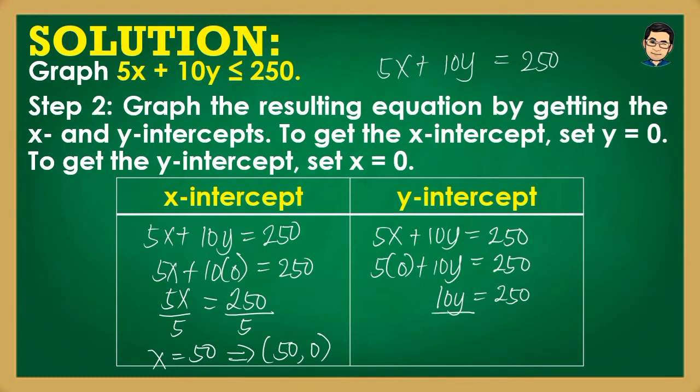And then, we divide both sides by 10. So, the value of y is 25. And then, to write the y-intercept, that is 0, 25. So, magkaiba po kung paano yung sinusulat ang x-intercept tsaka yung y-intercept.